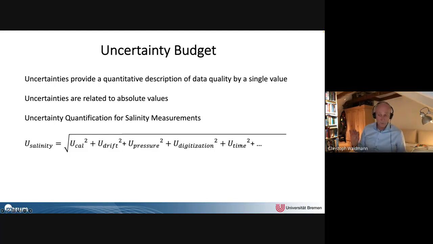Then, if you do not know the exact time, and typically you assign your measurement to a time spot, you have to include that and so on. You can add up to, let's say, 10 or 15 or 20 different contributions. Typically, most of them are negligible. So there are only a few components that you have to take into account.